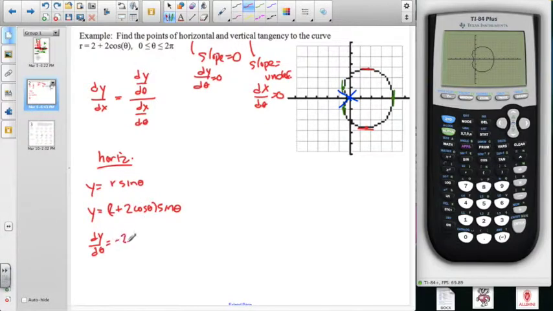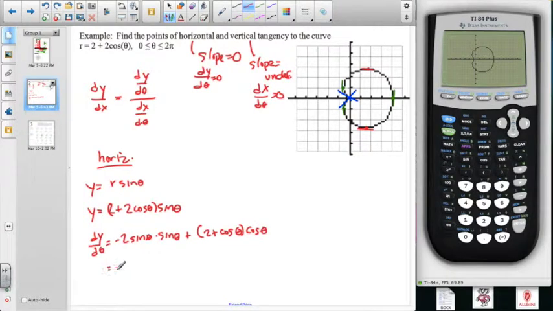So minus 2 sine theta times sine theta plus this 2 plus 2 cosine theta times the derivative of that, which is cosine theta.